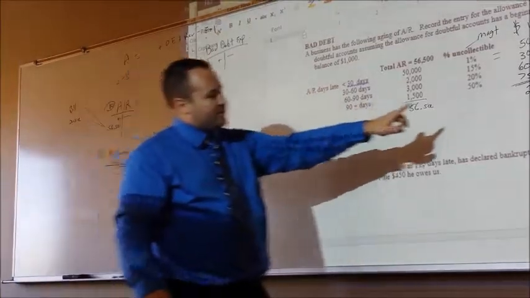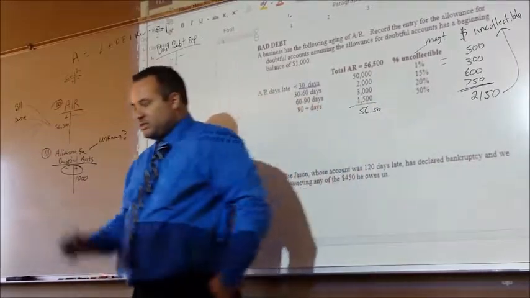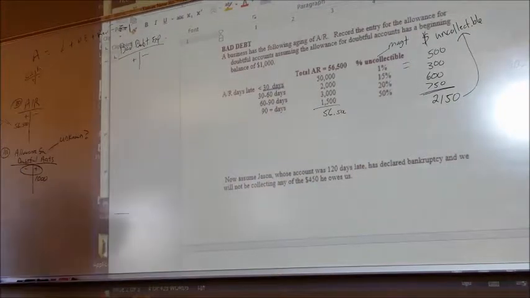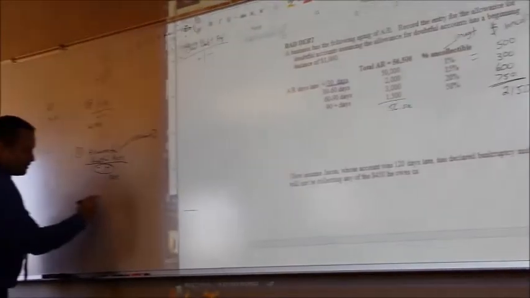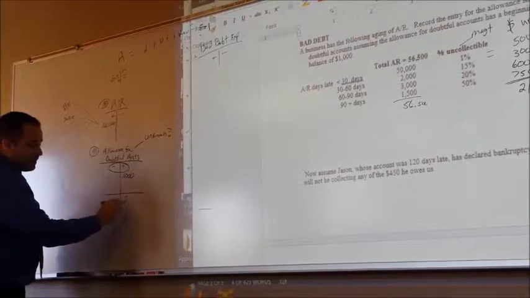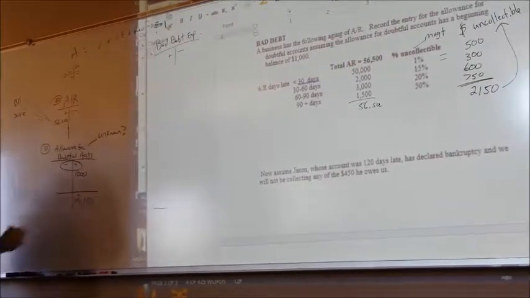What's this number then? Is that how much is just this month? $1,150. Yeah. That number there, $2,150, that's not a journal entry. That's my new total. That's what I should be at.